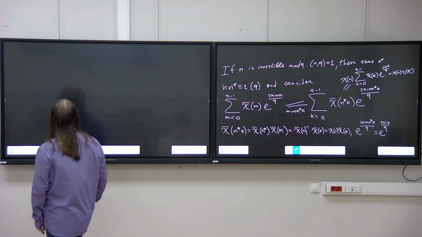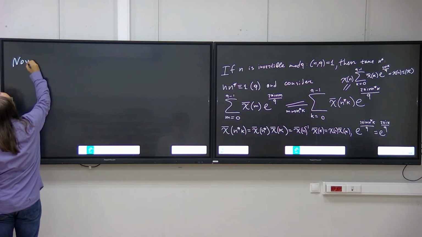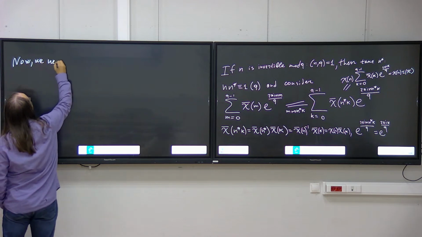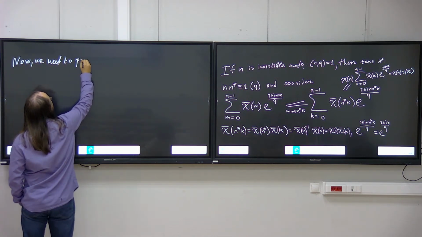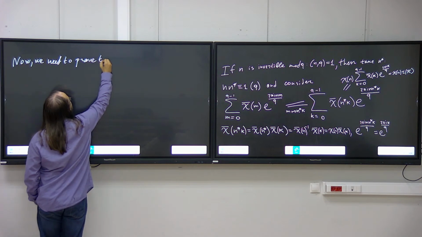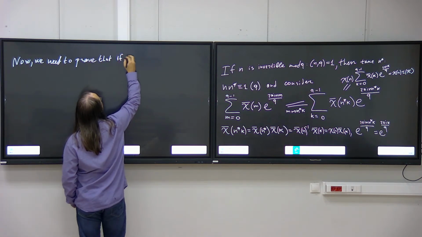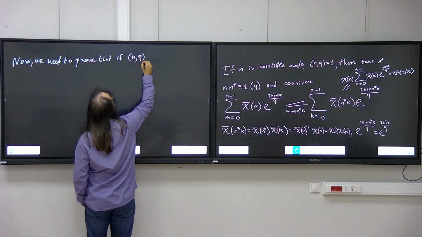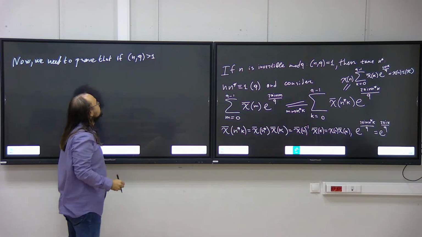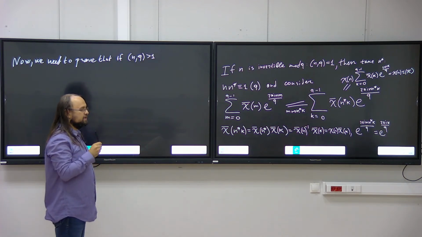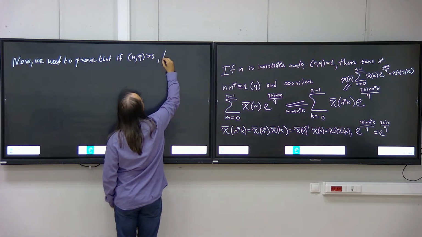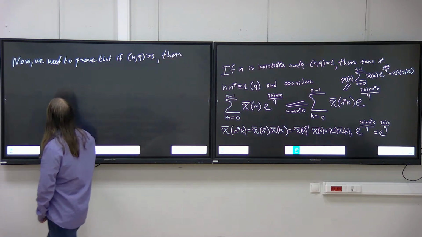Okay, so now we need to prove that if your greatest common divisor is greater than 1, then we have the following.